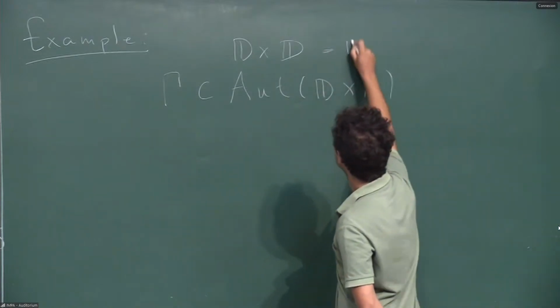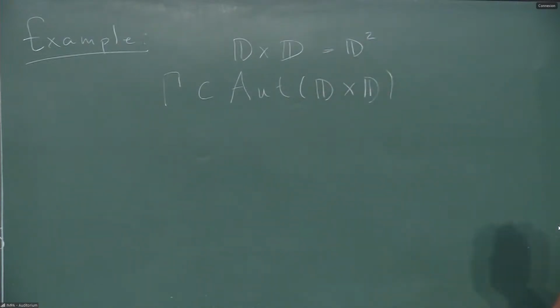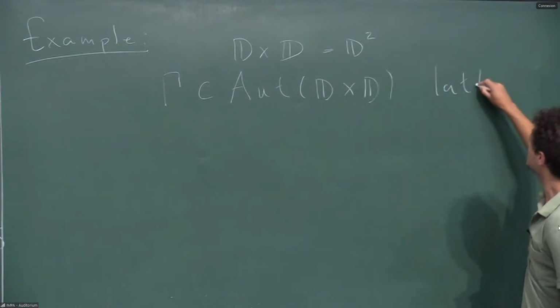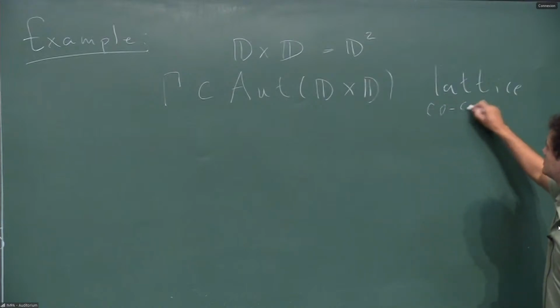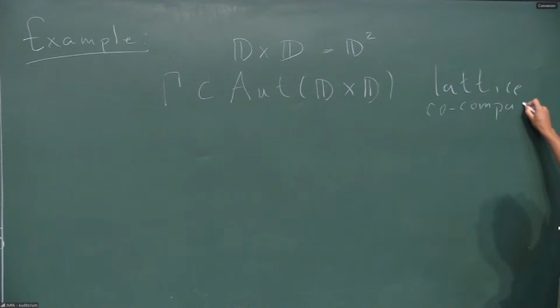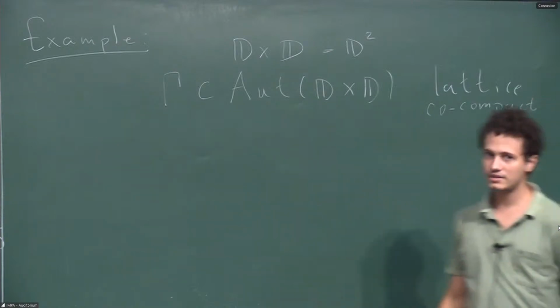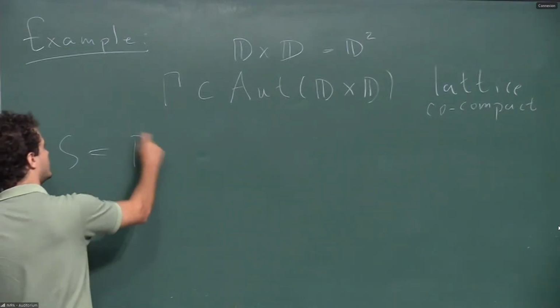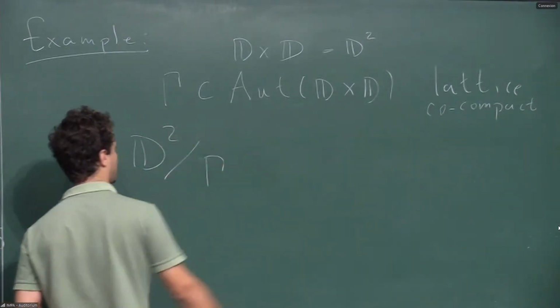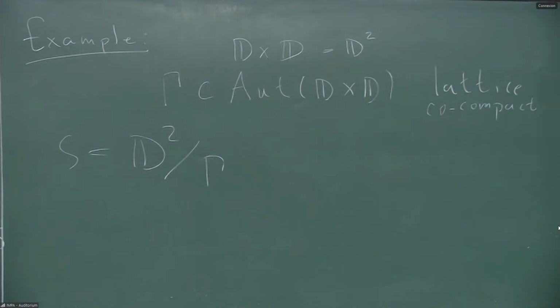I'm just going to call this D2 to be easier. So consider a lattice which is co-compact, and let us consider the quotient of D2 by this lattice. This will be a surface of general type.